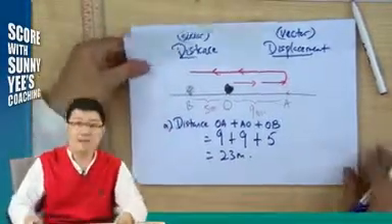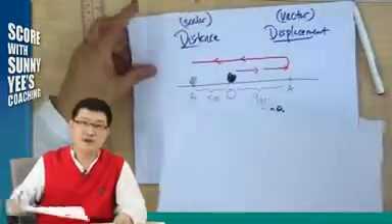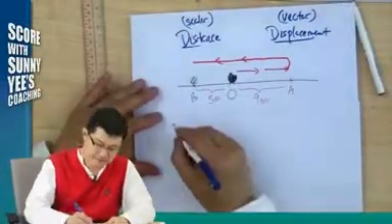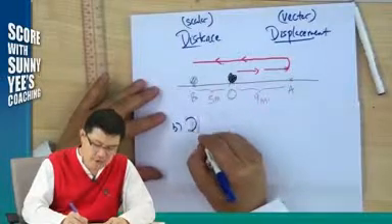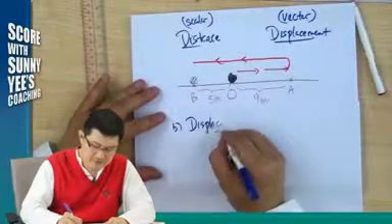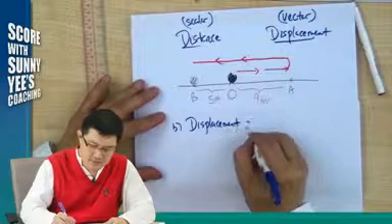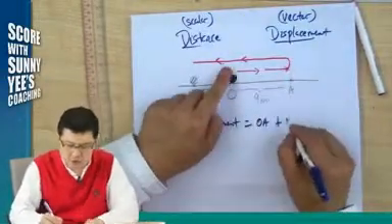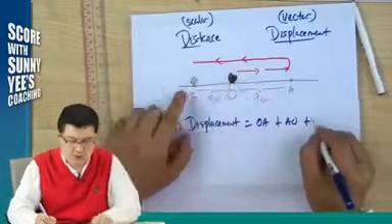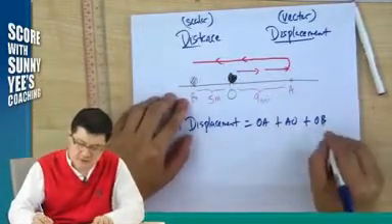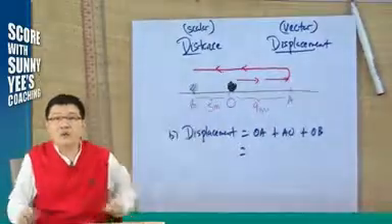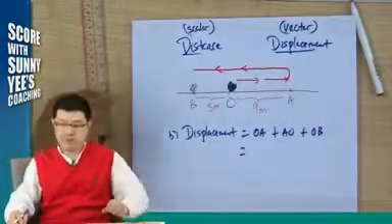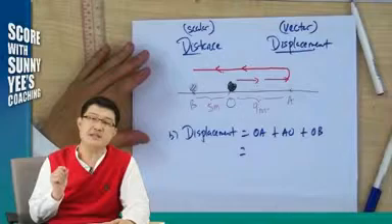All right? But your total displacement, O to A to O, O to B. Now, always your positive displacement will be the initial direction.